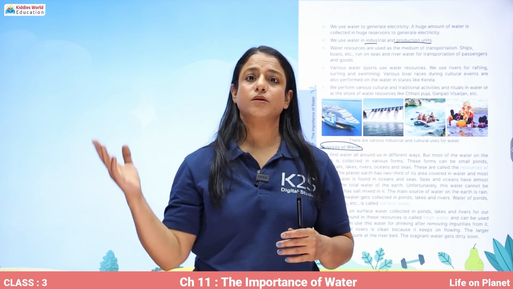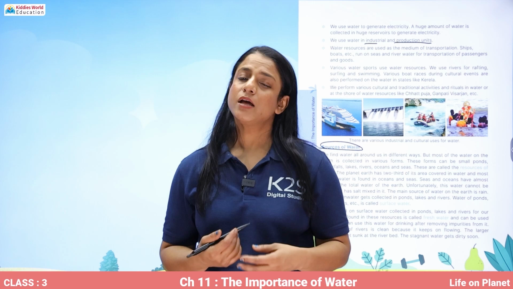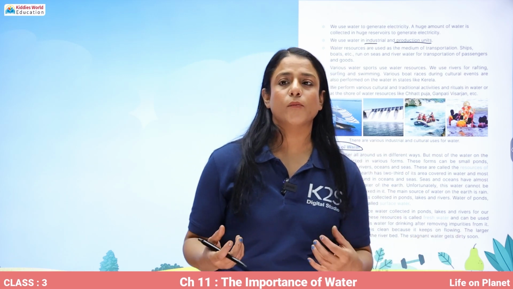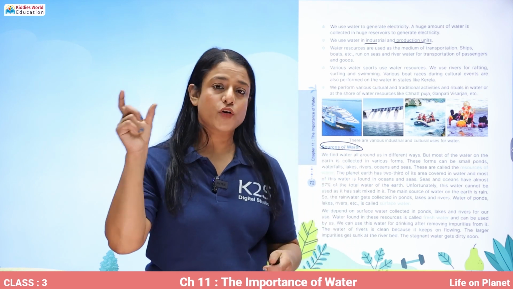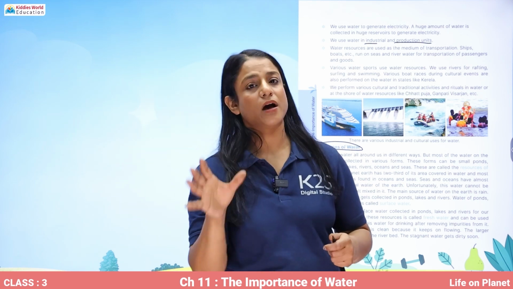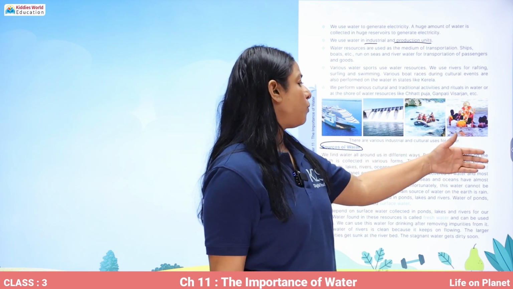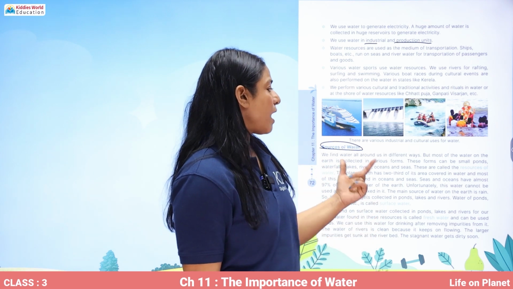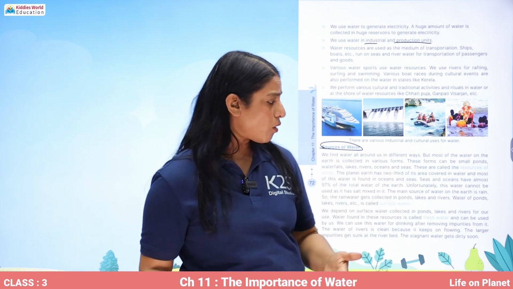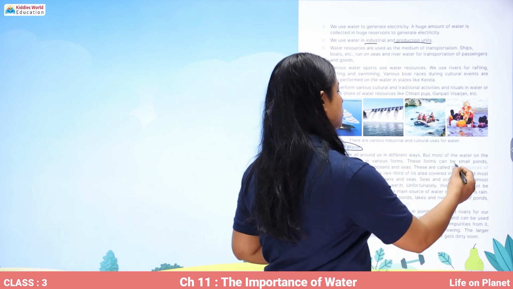And in our atmosphere, there are water vapors present all the time, and that is also a form of water. We can see the dew, the water droplets early in the morning on plants also. So, most of the water on earth is collected in different forms, and these forms can be small ponds, waterfalls, lakes, rivers, oceans, seas. These are called resources of water.